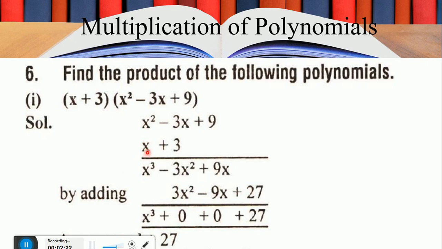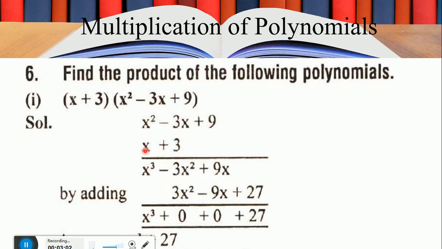Okay, after writing the given polynomials in a vertical form, we will multiply each term of the second polynomial with the first polynomial. So first of all we will take x and then we will multiply this x with each term of this polynomial. x multiplied by x square: we know that when the bases are the same, we add their exponents.